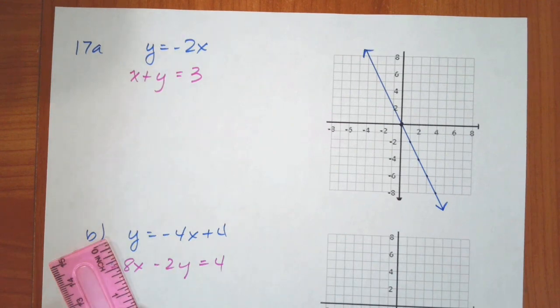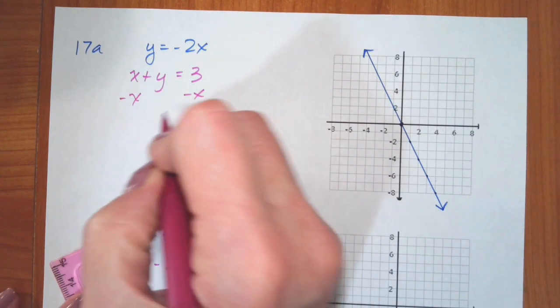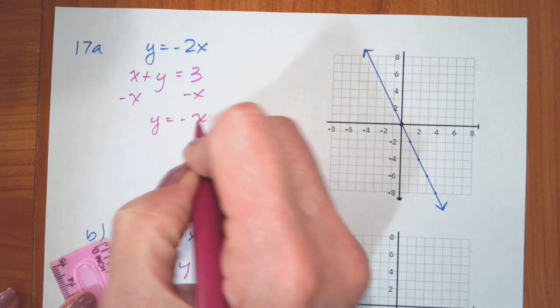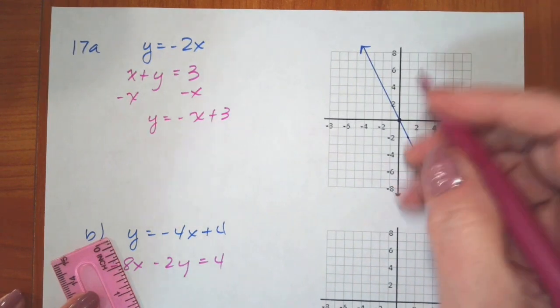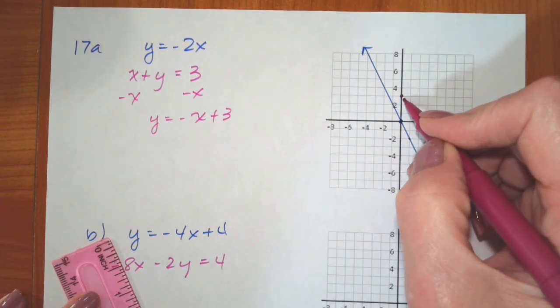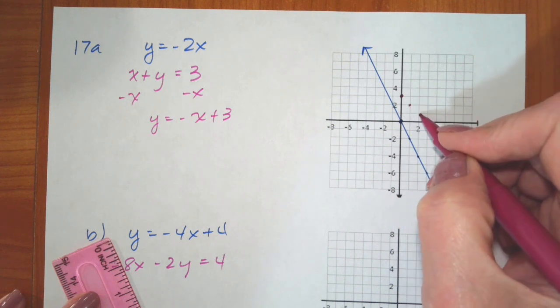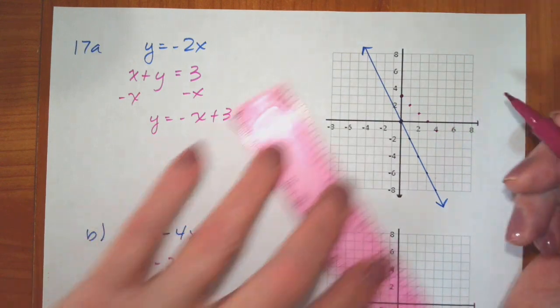But there's that line. If I put this in slope-intercept form by subtracting x from both sides, I get y equals negative x plus 3, which means my slope is negative 1, my y-intercept is 3. So I start at 3, go down 1 over 1, and again I want to do this multiple times so I can get a really good line.